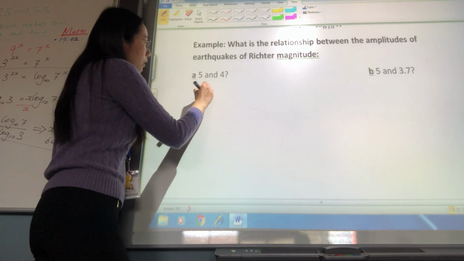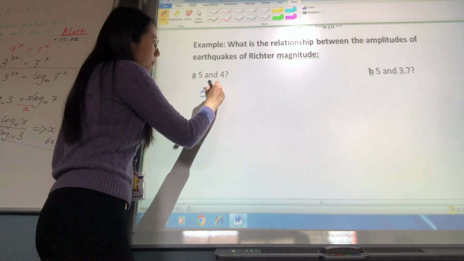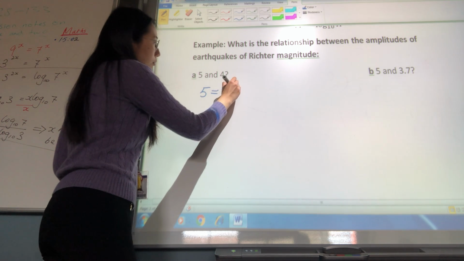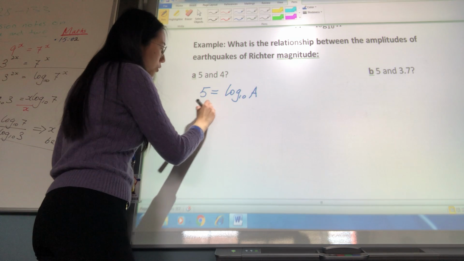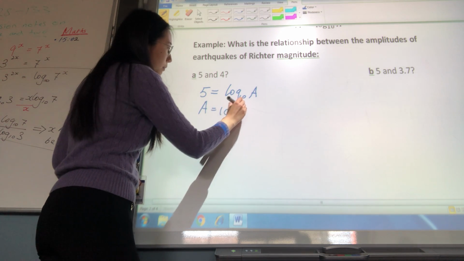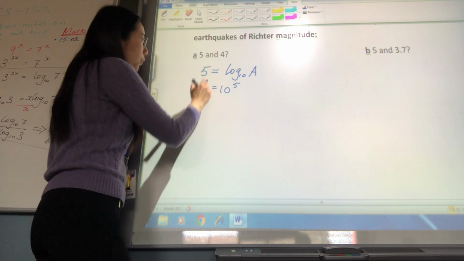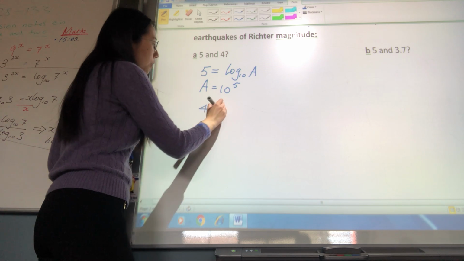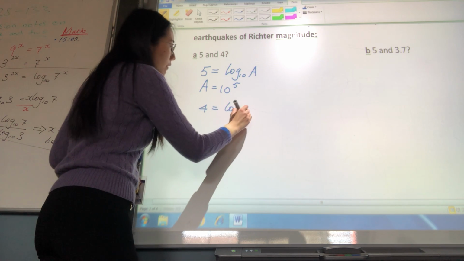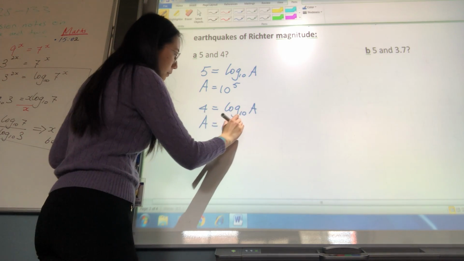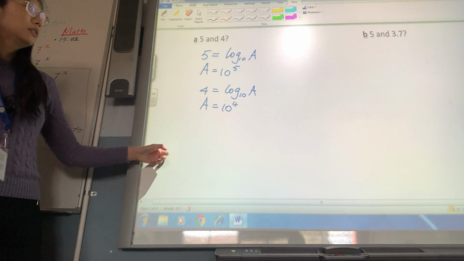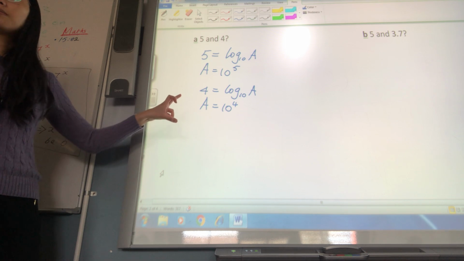So you have 5 equals log 10 of A. So A is equal to 10 to the power 5. And then for magnitude 4, 4 is equal to log 10 of A. A is equal to 10 to the power 4. So these are the two amplitudes.